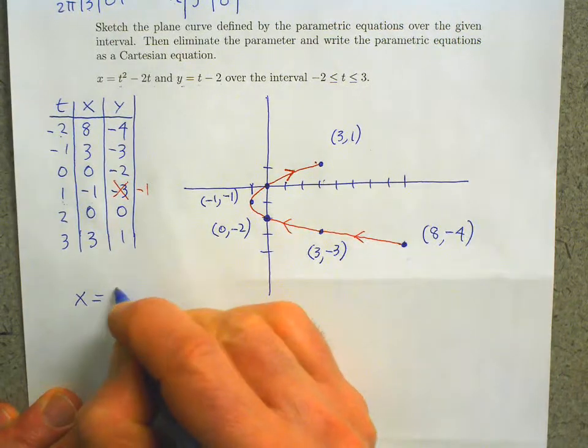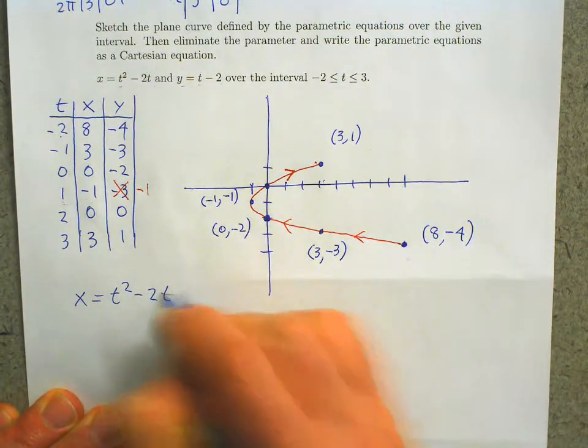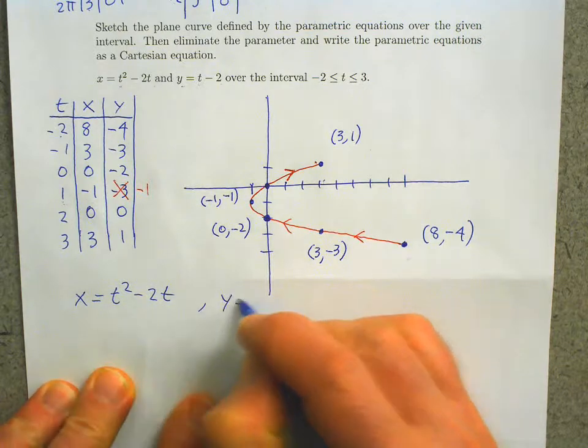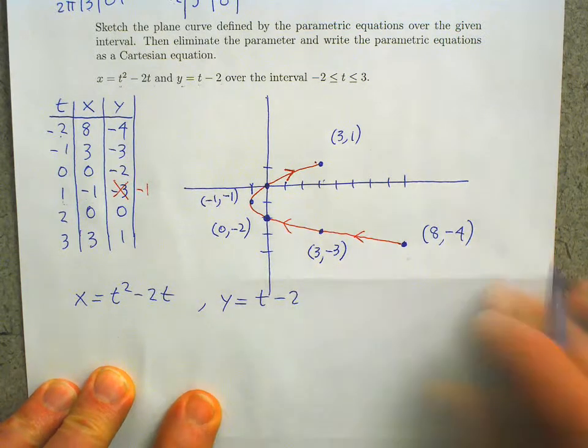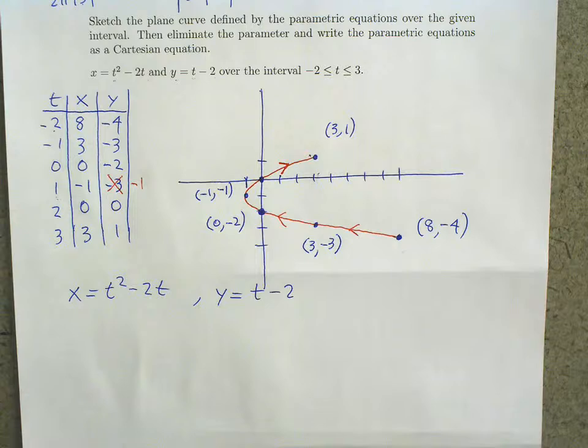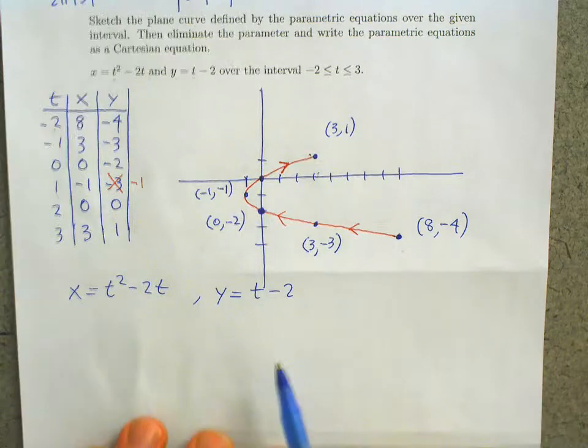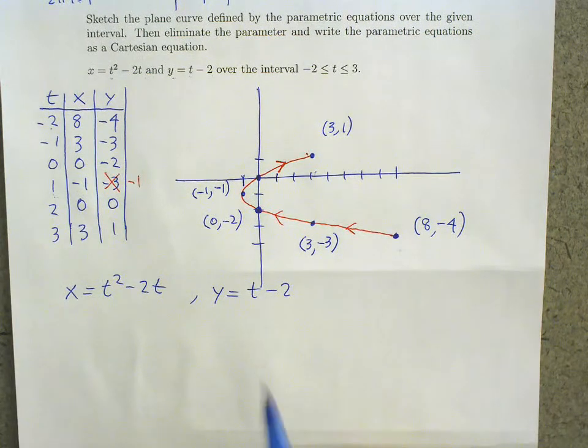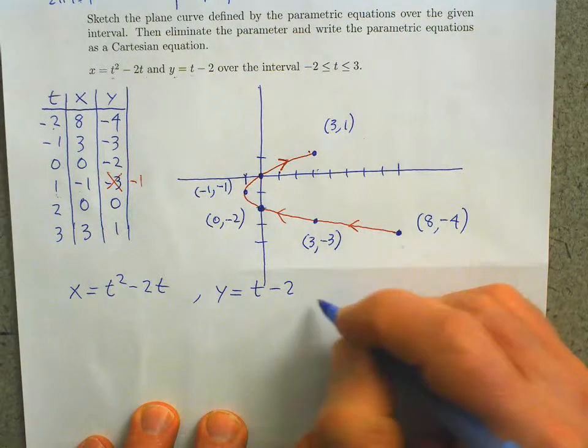X equals t squared minus 2t, and y equals t minus 2.